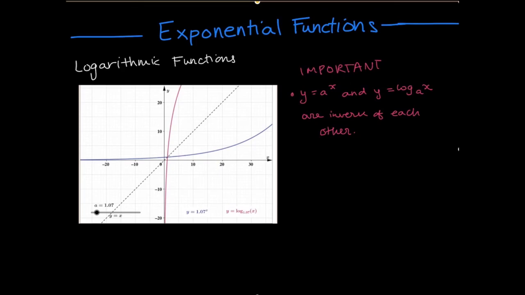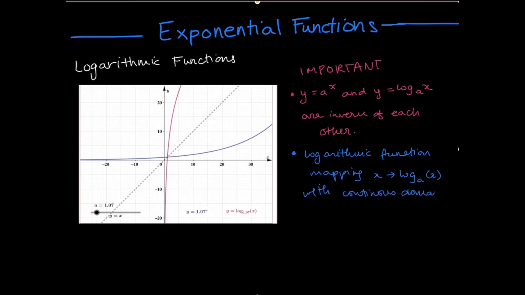So we can also say that a logarithmic function is mapping x to log a of x with the continuous domain x is greater than 0 and range from negative infinity to positive infinity.